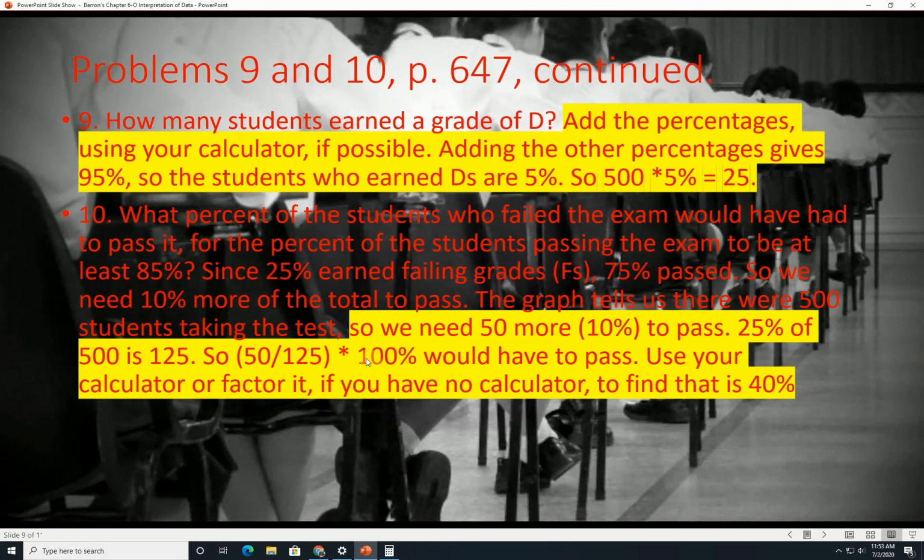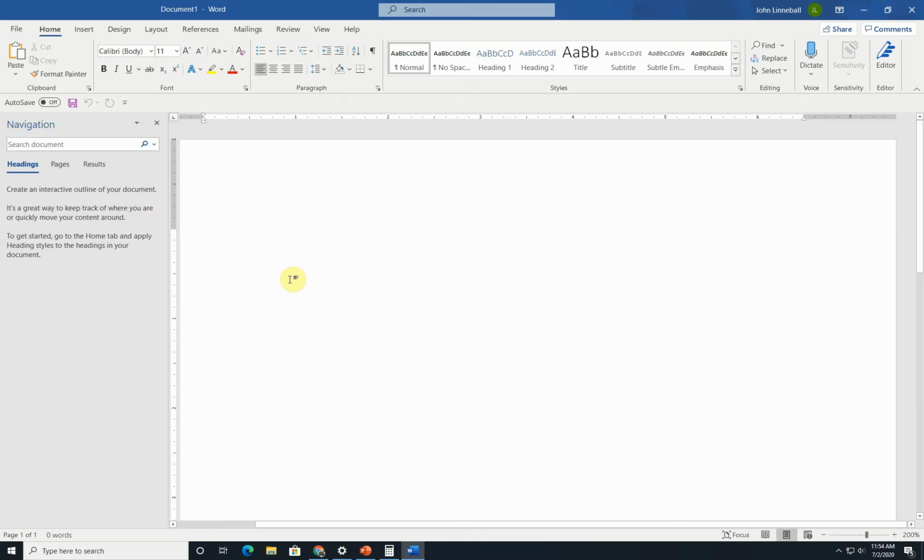So you can use your calculator or factor it. In that case, you just go 5 times 5 times 5 is 125. And 5 times 10 is going to be 5 times 5 times 2. So that would look something like this: 5 times 5 times 2 over 5 times 5 times 5, and you can see they cancel out.